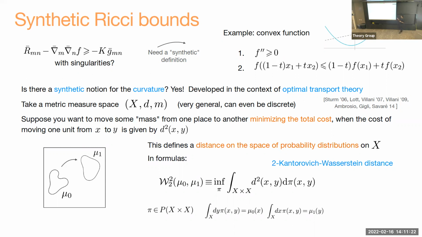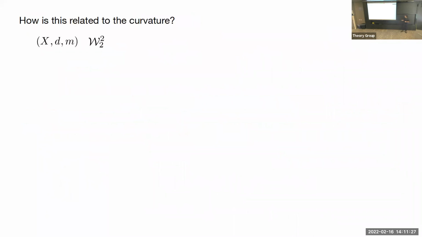This is just in formulas what I just defined. So we're almost at the curvature. Now, we have this very general setting. We have a space, a distance, and a measure, and we have defined a distance on the space of probability distributions. We didn't use the measure yet, and this is the crucial point to get to the curvature.